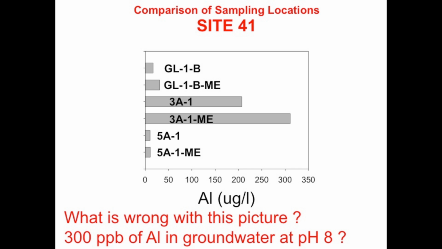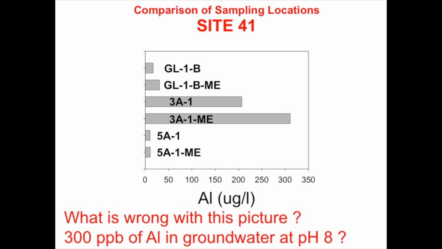Aluminum concentrations, this is parts per billion. And you notice, first of all, within a small area, we've got this variation in aluminum concentrations and 300 parts per billion aluminum. So for those of you who've studied soil chemistry, you know that at pH 8, in equilibrium with gibbsite, you can't have 300 parts per billion of aluminum.